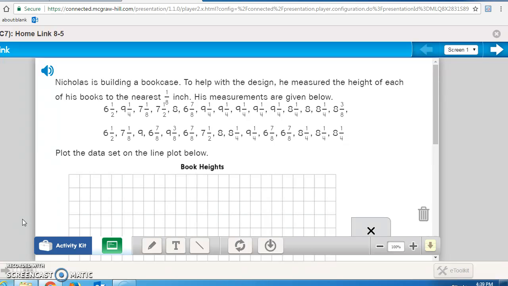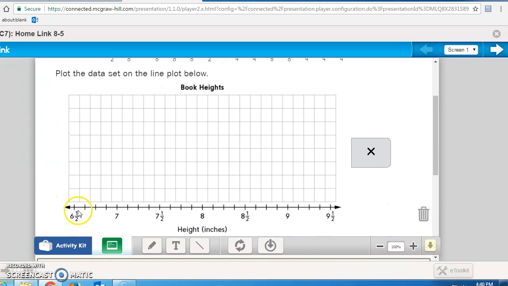This is asking you to plot the data set on the line plot below. So Nicholas is building a bookcase. To help with the design, he measured the height of each of his books to the nearest 1/8 inch. His measurements are given below. So you're going to do this very much like you did the last one. You are going to look at the height in inches. Notice we're looking at book heights. These numbers are representing the height in inches.